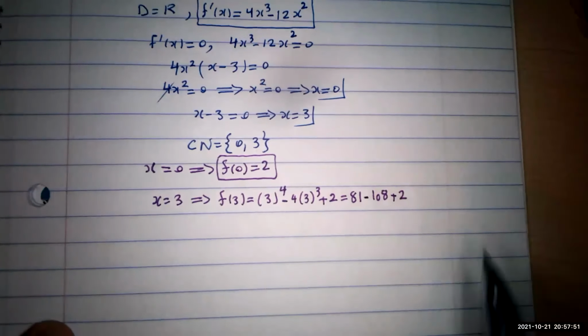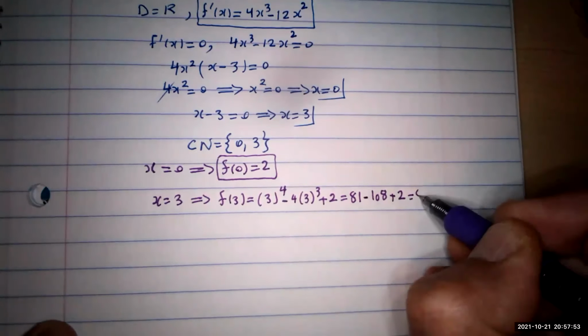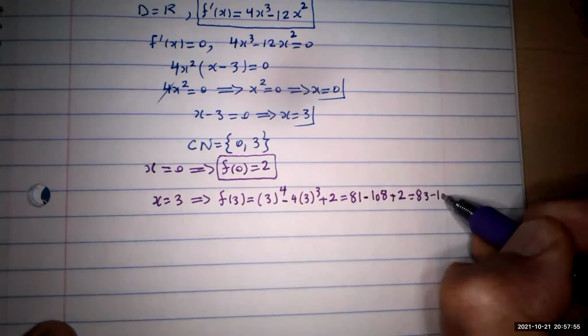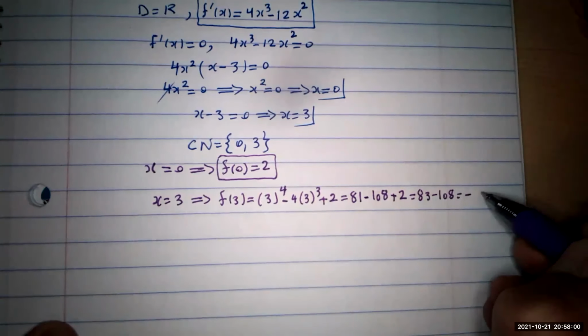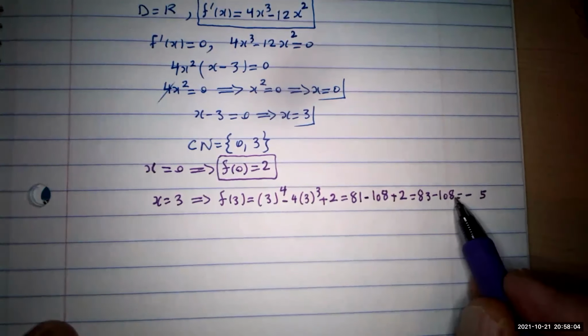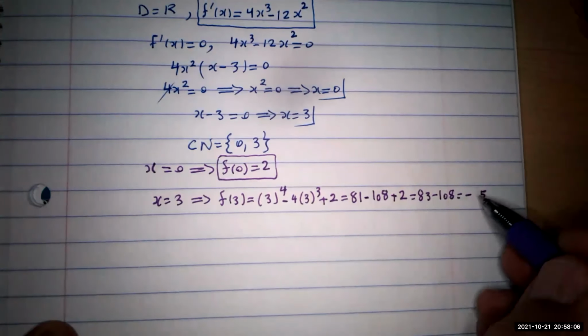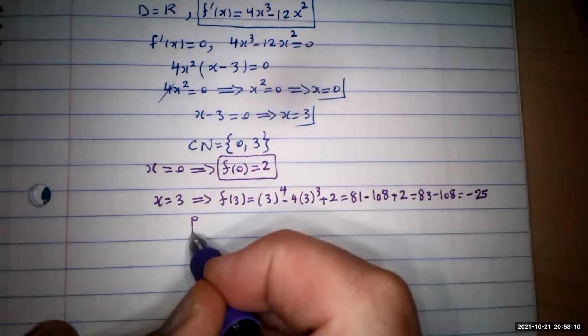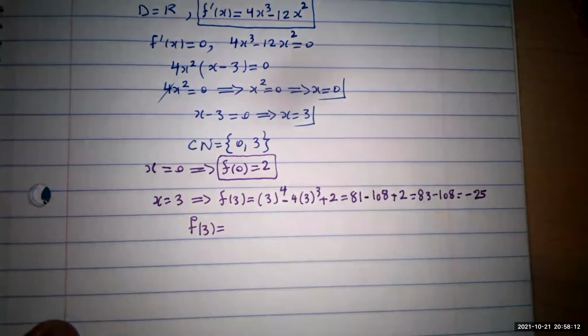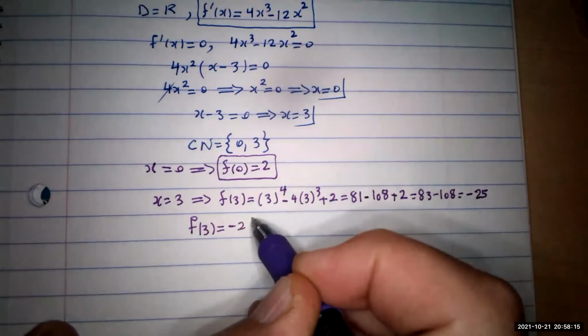Then it's going to be 83. 83 minus 108, so the result is negative 25. So f of 3 is equal to negative 25.